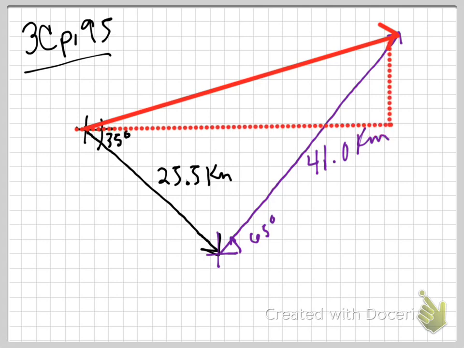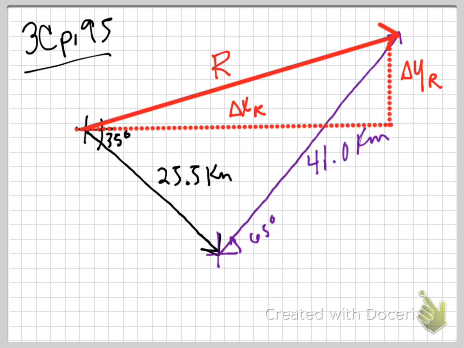It's true that for that resultant displacement, there was a delta y resultant and a delta x resultant for her displacement.